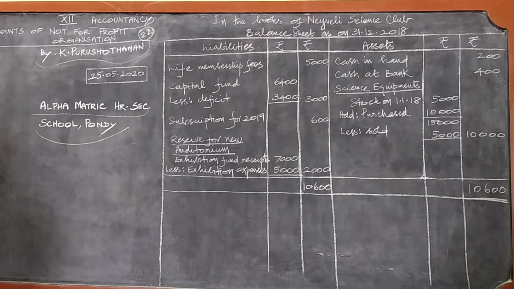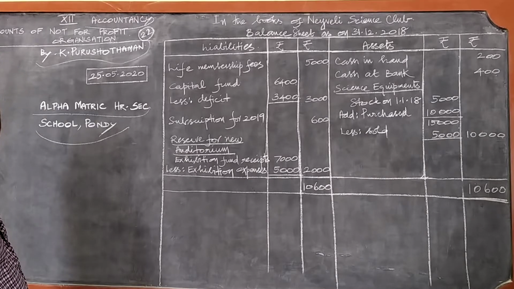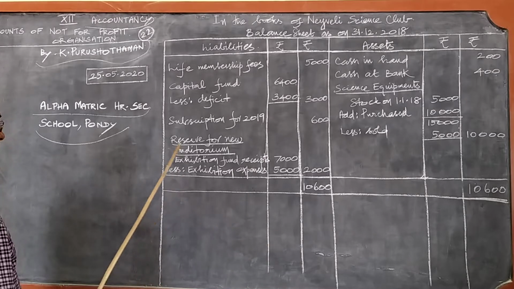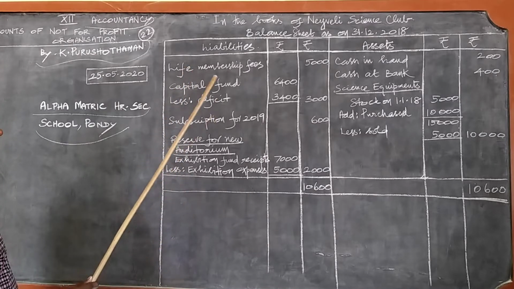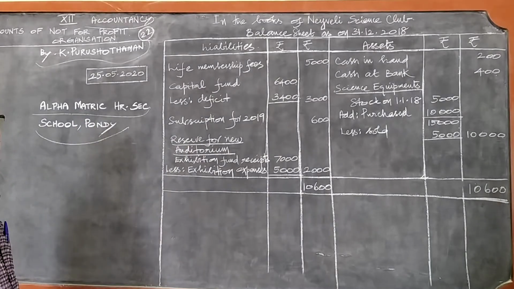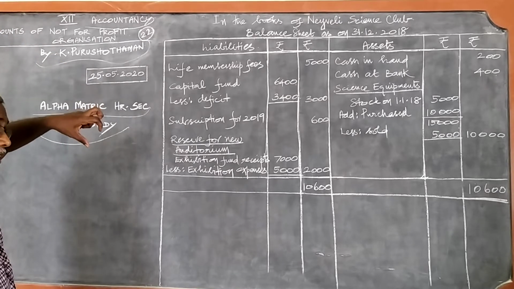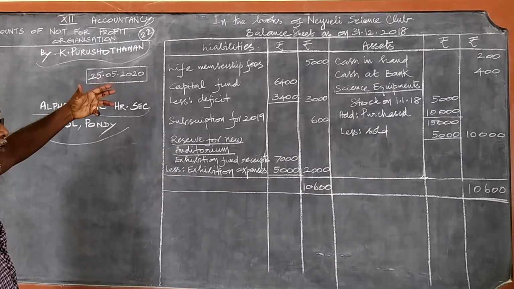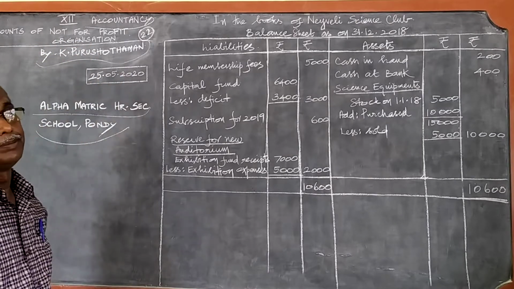Once again I will repeat how we are preparing the balance sheet. The balance sheet should consist of only capital items, only the assets and the liabilities, not the revenue items. If you are very specific, leave all the revenue items and pick up the items which are not revenue items and write them here.